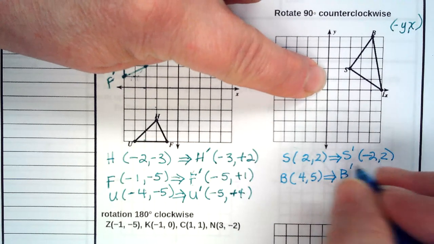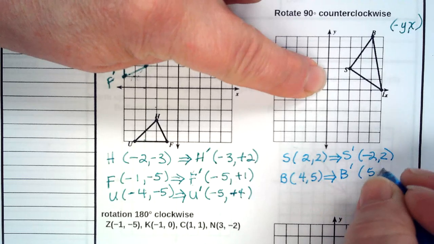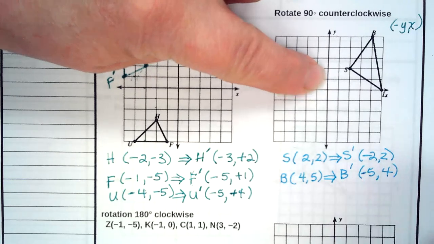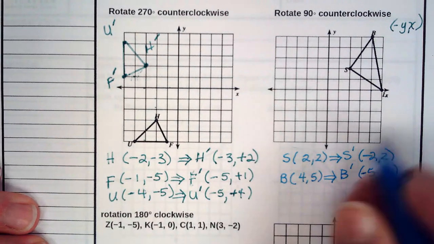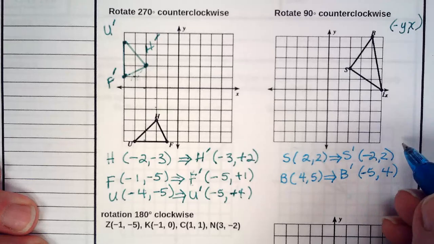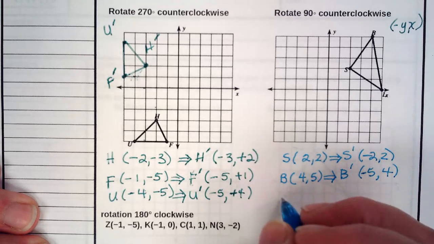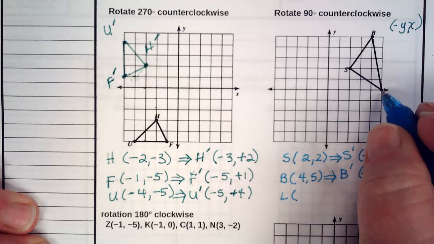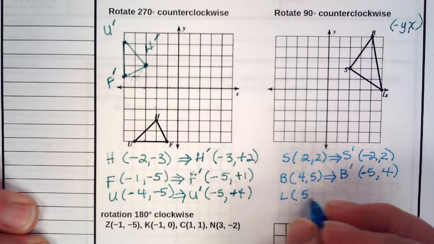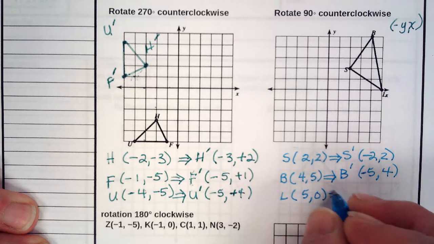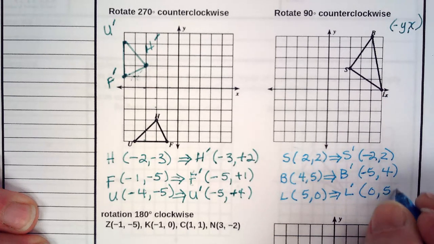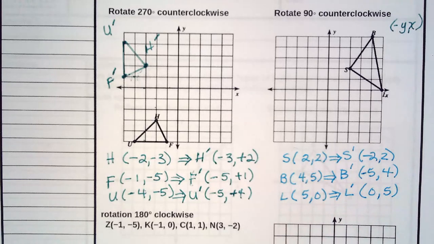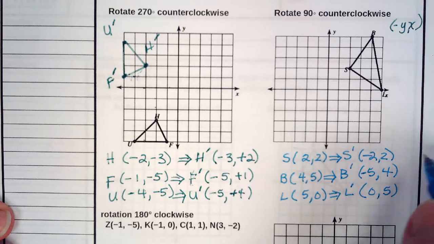B prime. 5, 4. First number becomes its opposite. And finally, for L, it's the point 5, 0, and that is mapped onto 0, 5. Does 0 have an opposite? No. So we're ready to graph now.